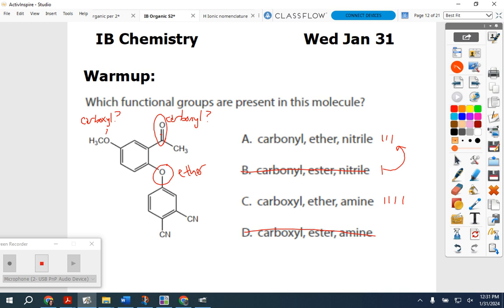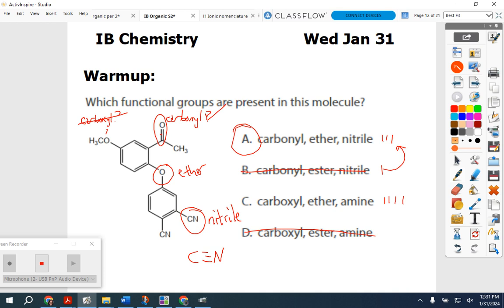This is a nitrile group. Okay, so A is the correct answer, which means that this is not a carboxyl group, but this is a carbonyl group. So we have carbonyl, we have ether, we have nitrile.